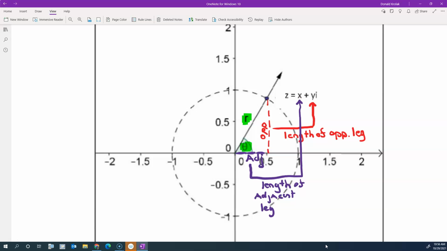So just from the looks of this, it's going to end up being 1/2.